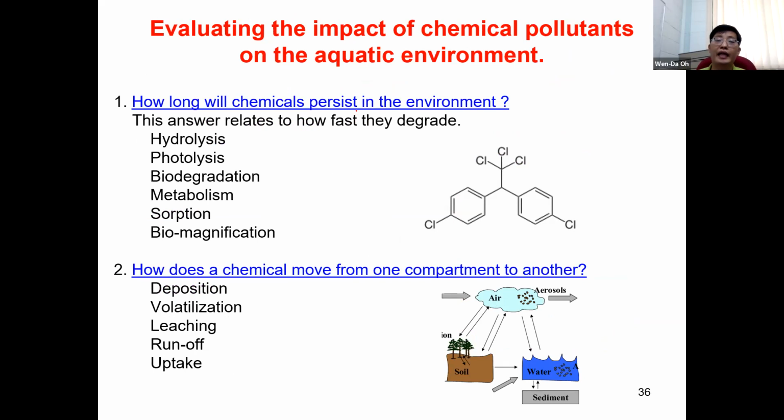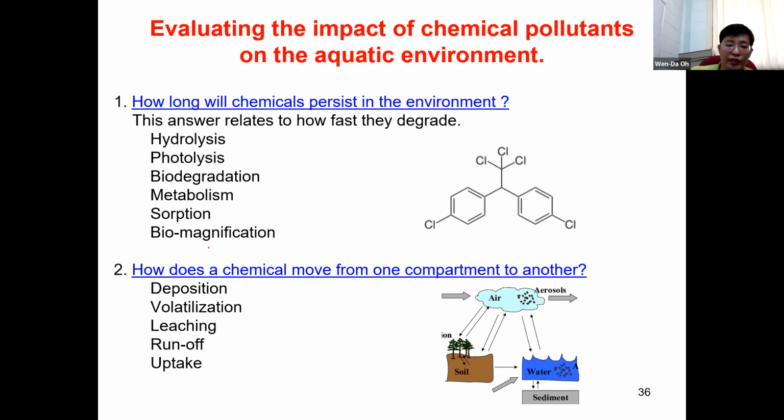And usually we carry out certain tests to look into the stability of the chemicals, right, in certain environments. Right? So we look into whether it is stable under certain radiation, like under solar irradiation. We look into whether it is able to be hydrolyzed easily, right, and so on.